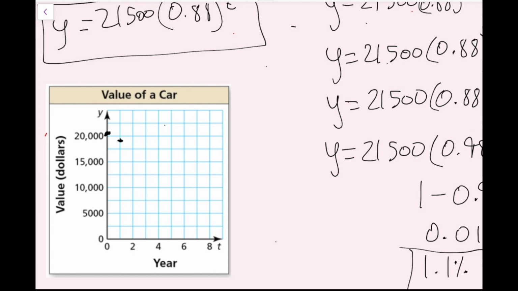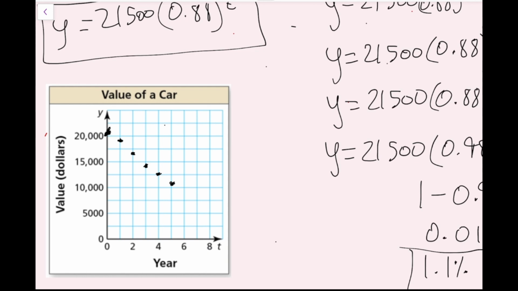Then I have 2, about 16,500, so somewhere like there. Then I have 3, which is about 14,500, something like this. And then 4 will give me a little less than 13,000, so like that. And then 5 gives me a little over 11,000, something like that.